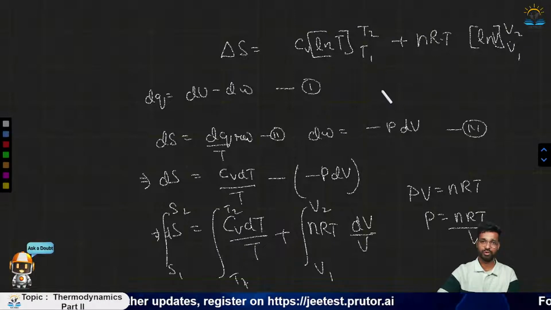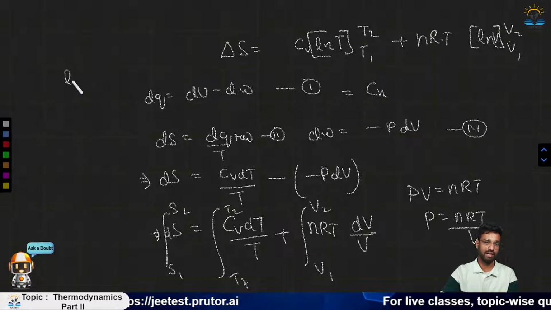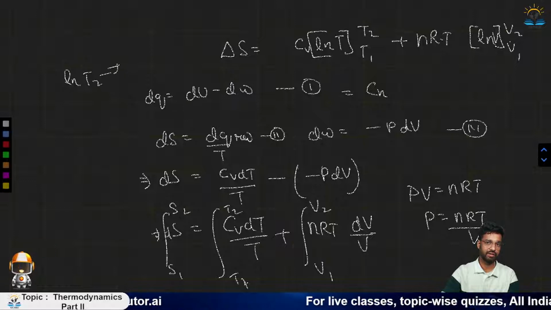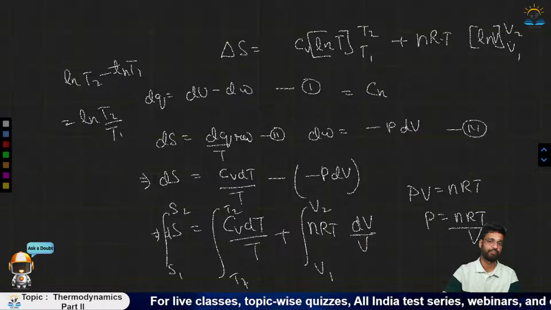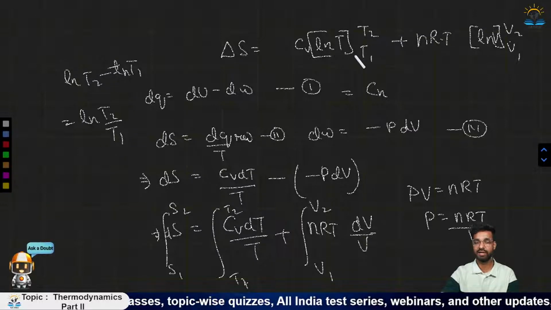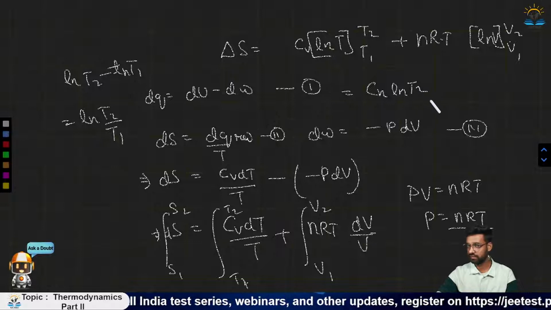So we are putting a more general formula here. So it will be Cv. You know that ln T2 minus ln T1 is equal to ln T2 by T1. So if you put the limits here, it will be ln T2 by T1.